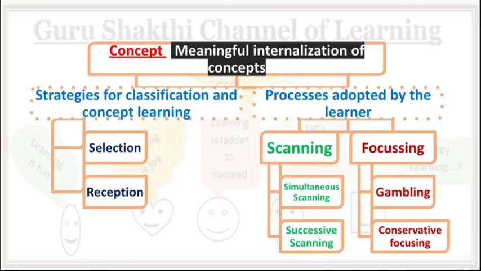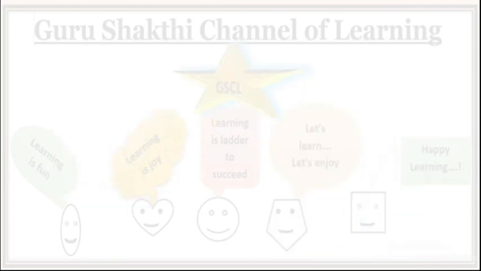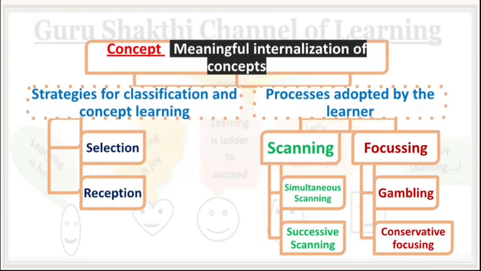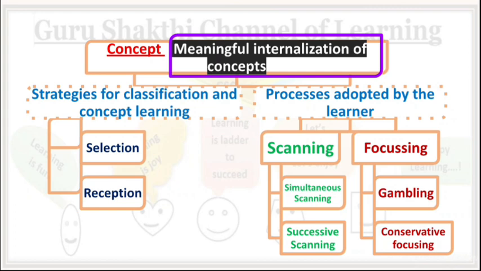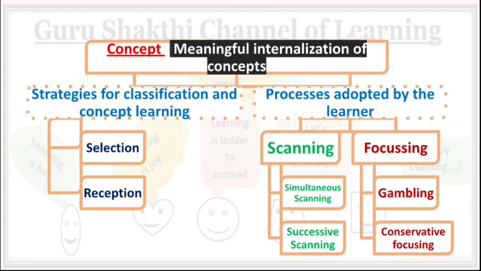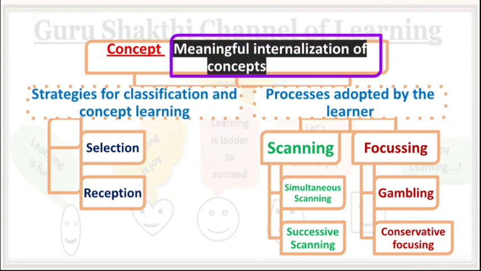S Bruner says discovery learning and learning to learn depends on meaningful internalization of concepts. Concept is the central part in discovery learning theory. He noticed and identified the way human beings learned concepts through various strategies.